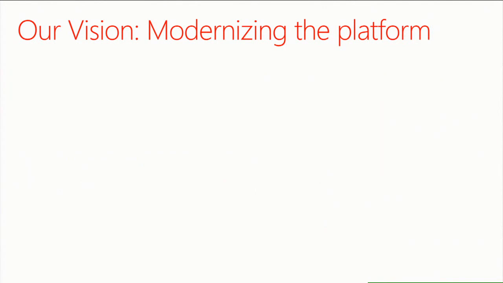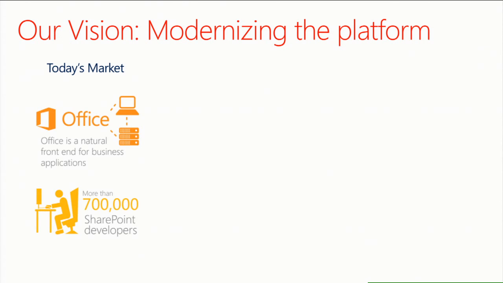So when we started planning this new release of the Office Development Platform, we had a vision of modernizing the platform. But we started looking at the current market, look at what we have today in terms of Office and SharePoint. And Office is a great productivity tool. We have worked really hard to make it the best productivity tool out there in the market.